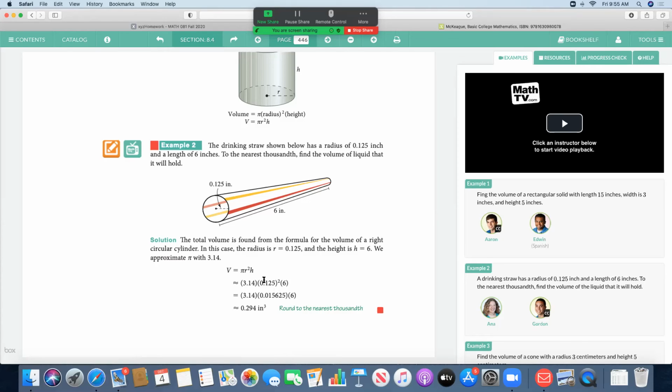And then once you squared it, because you did that first, you got this number, 0.015625. Once that's done, they're not using the units until the very end. They're just dropping it in cubic inches. They could have included the unit on the second line, but they waited till the end, knowing that because it was volume, they said cubic inches at the end.